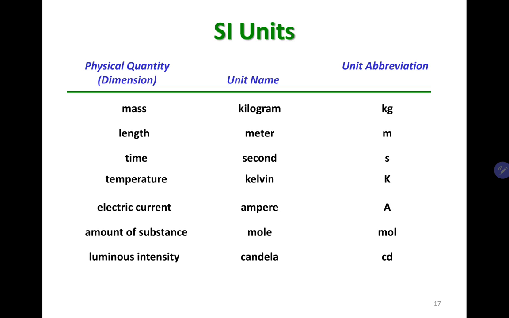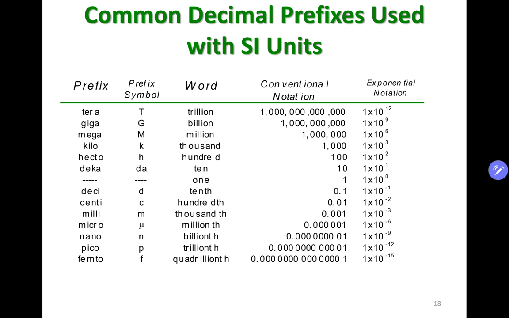So we use kilograms to measure mass, meters to measure length, seconds to measure time, Kelvin to measure temperature, and mole to measure amount of substance. These are the SI units that we usually use in chemistry.